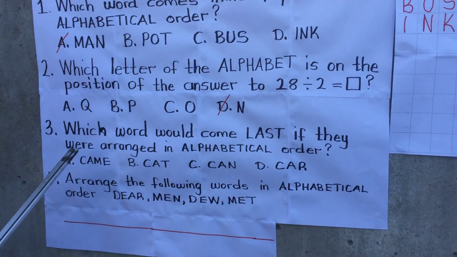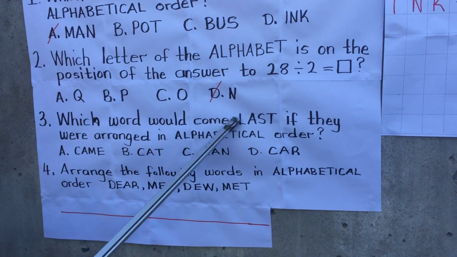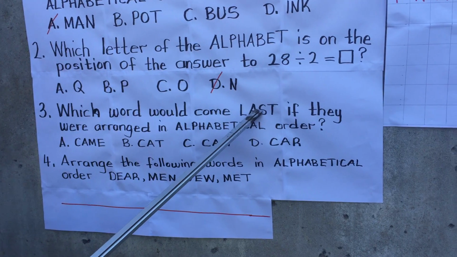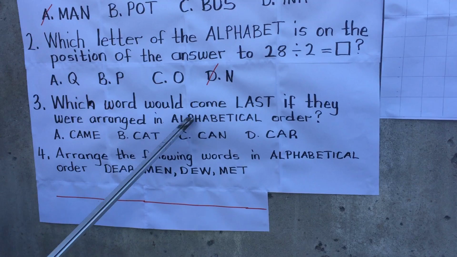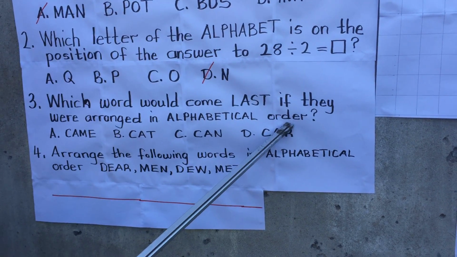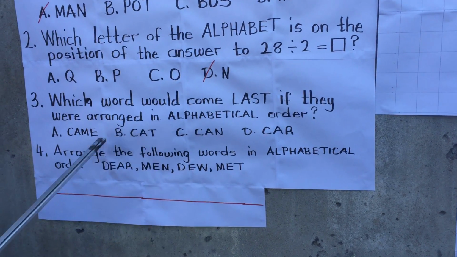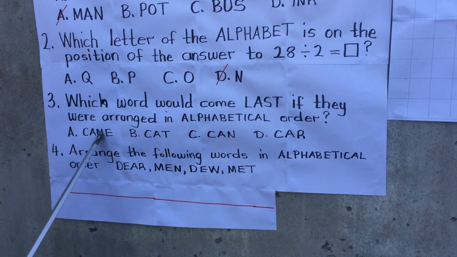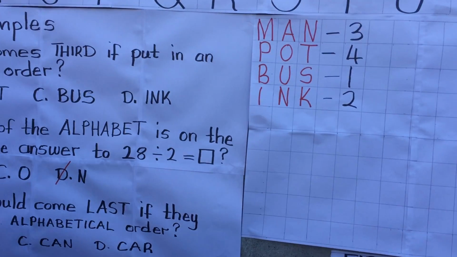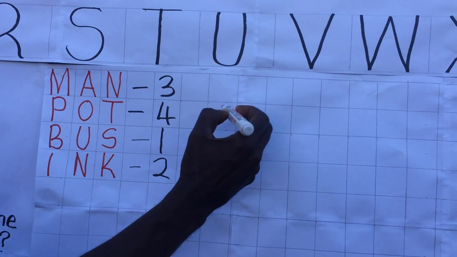These are sample questions. Which word would come last, that is fourth, last, if they were arranged in alphabetical order? Let's go back to what we had there. We've got came. So you go back here. I'm going to use this part here.